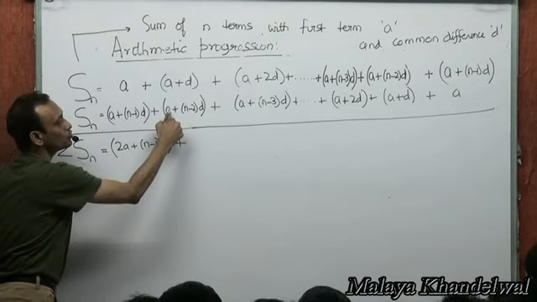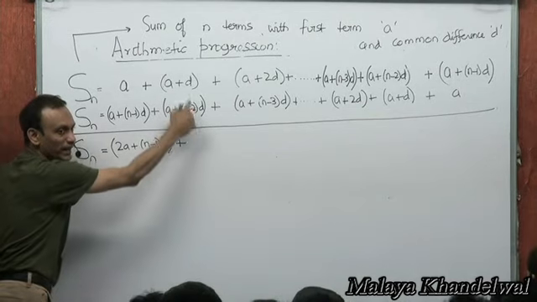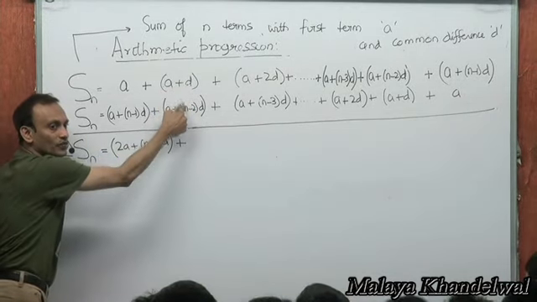Then I add these two. 2a plus n minus 1 into D, if I add these two, yes or no?